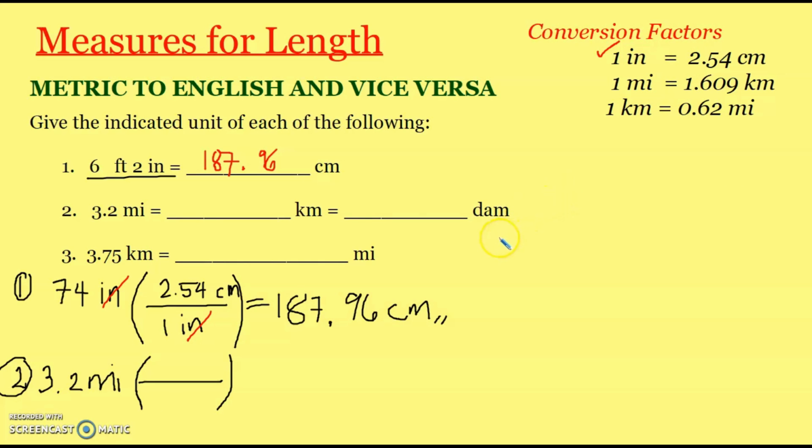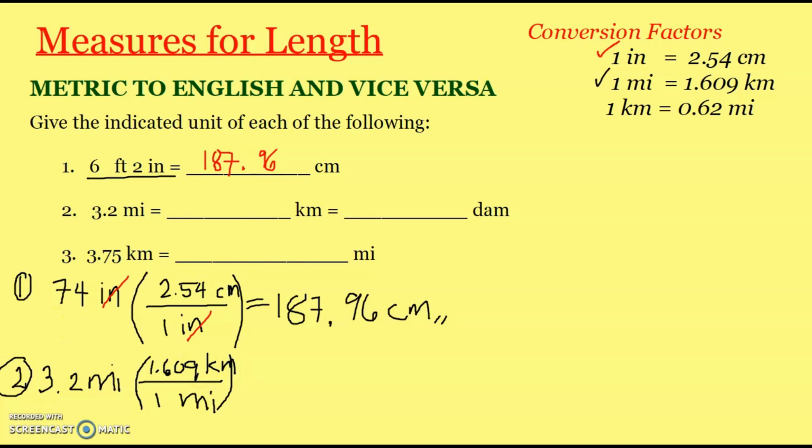Kasi, whether you are allowed to use calculator or not, it's easier to multiply decimals than to divide decimals, okay? So since we have to get rid of miles, we need to select the one with 1 mile. And of course, that's the second conversion factor. We write 1.609 on top.